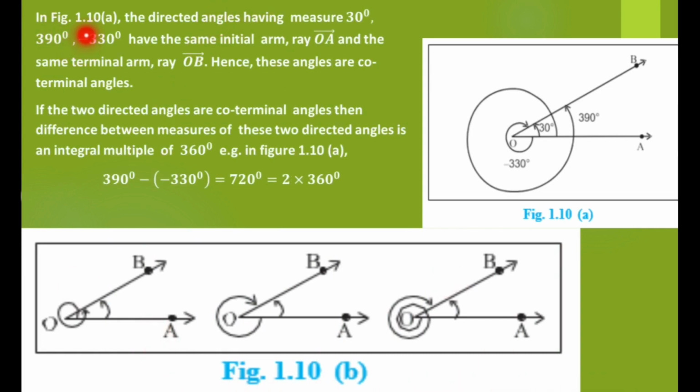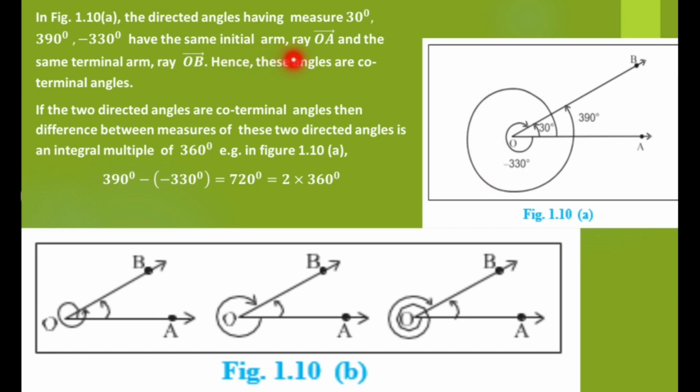Now see here in figure 1.10a, the directed angle has measure 30 degrees. When we measure after completing one rotation, we get 360 plus 30 as 390. When we measure clockwise, that means we require 30 degrees to complete one rotation, so because we are measuring clockwise, we get the angle minus 330.